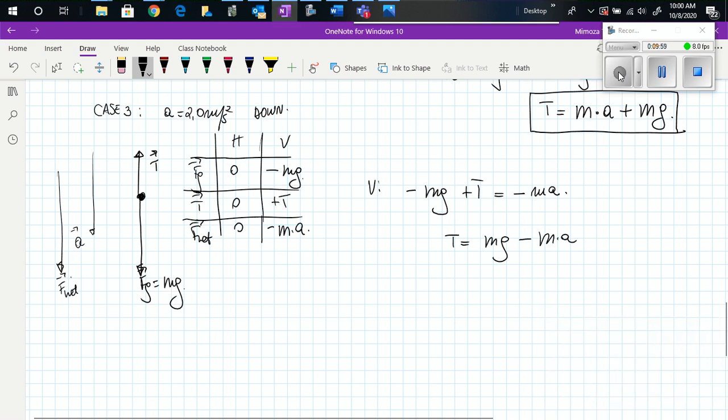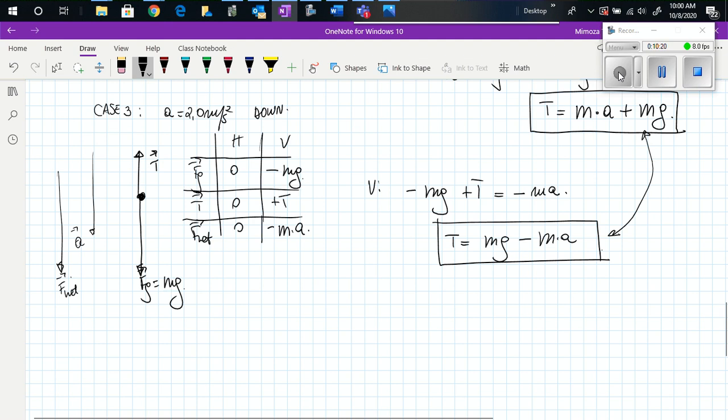So as you see here, even from those two relationships that we have on the screen, when the object is accelerating up, tension is greater than force of gravity.